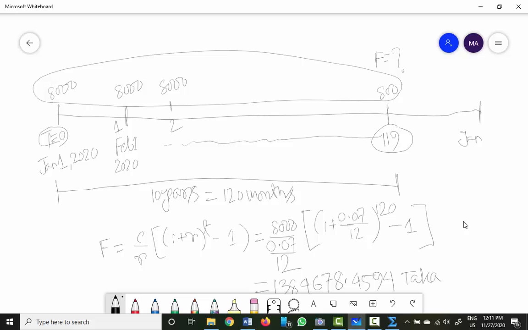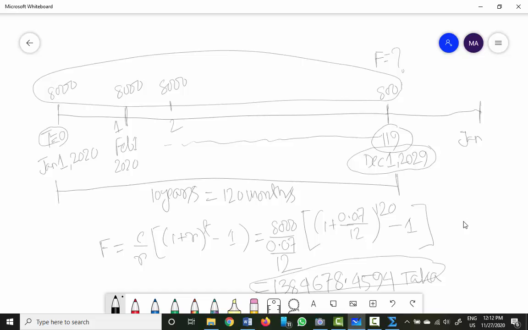So this is December 1, 2029. This is the period where you will make your last deposit. So on December 1, 2029, you will make your last deposit. That means this is the future value you will get on December 1, 2029.